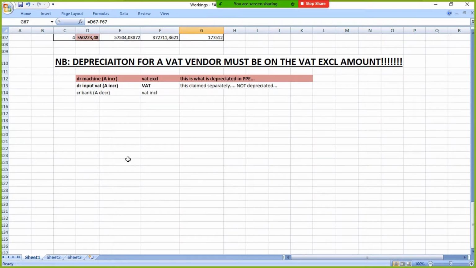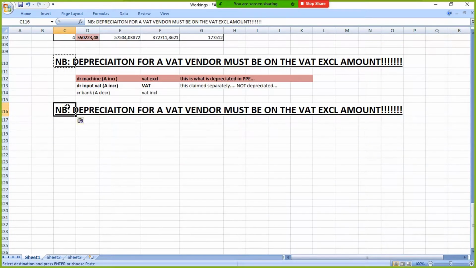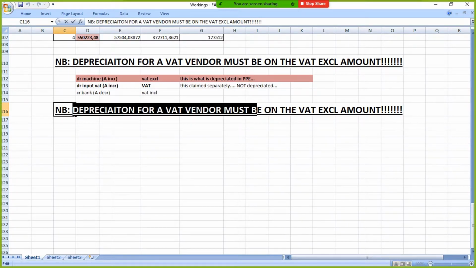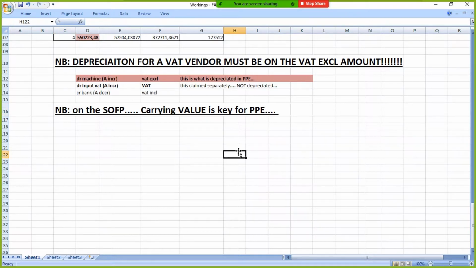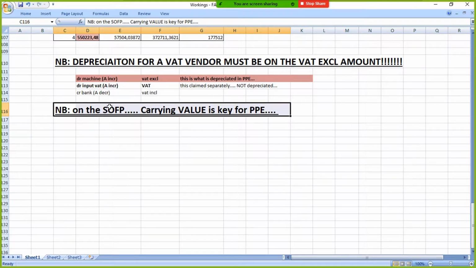So just to put a note here, some more notes to remember for disclosure questions later on, for bigger questions. On the statement of financial position, carrying value is key for PPE. You don't show the cost, you don't show the accumulated depreciation. On the face of the statement of financial position, you only show the carrying value.